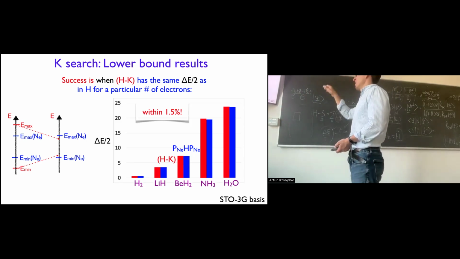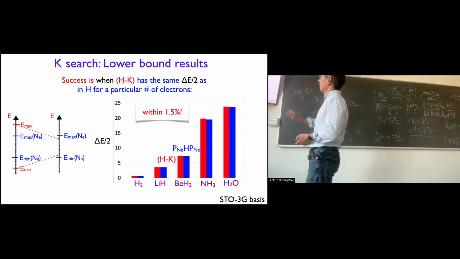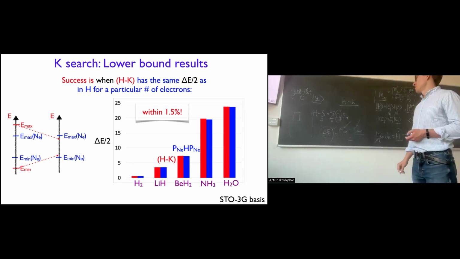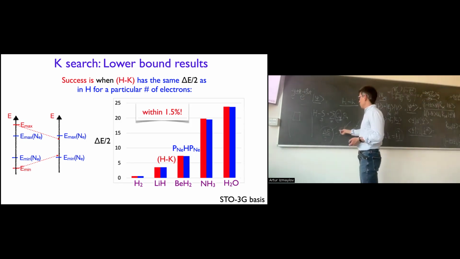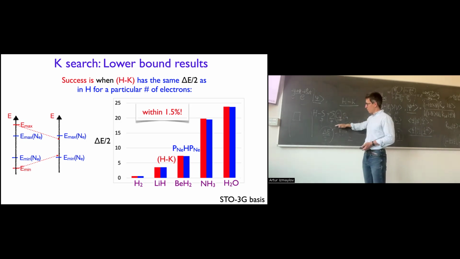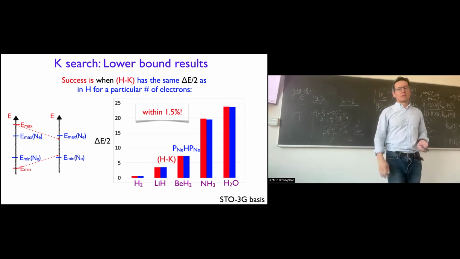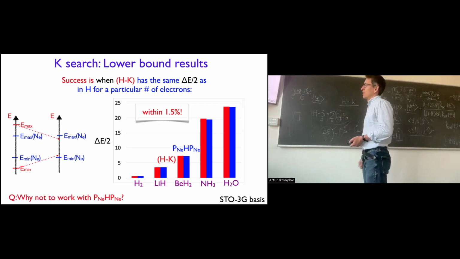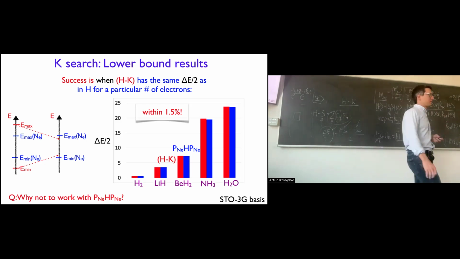You can see that we're still a little bit higher than the blue bars, but it's within 1.5%, which is surprisingly good, considering that we are not optimizing the spectral range. We're optimizing just the one norm of the decomposition. So this is always an upper bound for the spectral range. So we optimize an upper bound, but yet we're getting the actual quantity of interest to go down very, very much.